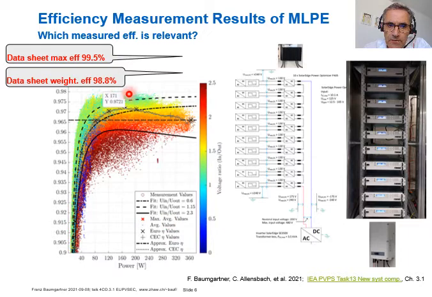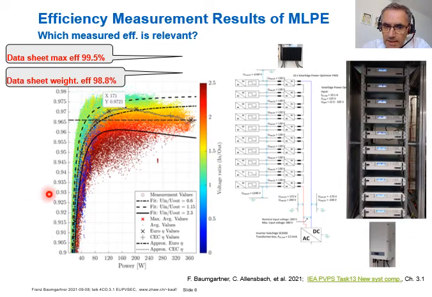So we see efficiency values around 98%, which is 1.5% lower than the maximum datasheet efficiency, and also much lower than the weighted efficiency, and the efficiency goes down even to 96% for the system. So what is at the end the real efficiency?